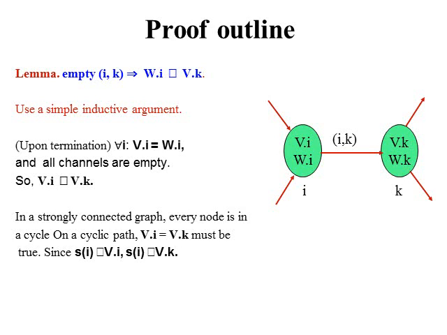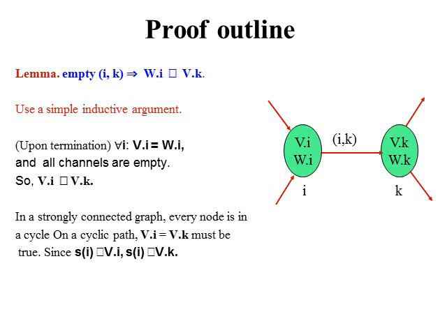The termination condition was that Vi should become equal to Wi, and all the channels are empty. That's when the guards for both the statements become false, and hence the program will terminate. So Vi equal to Wi is a condition for the program to terminate.